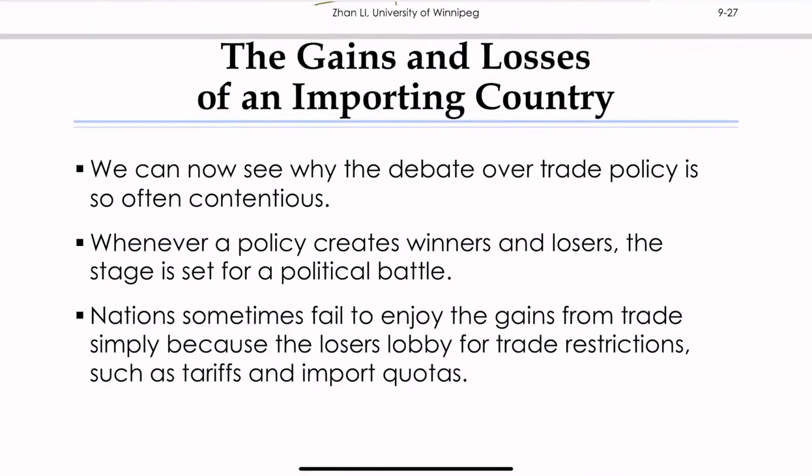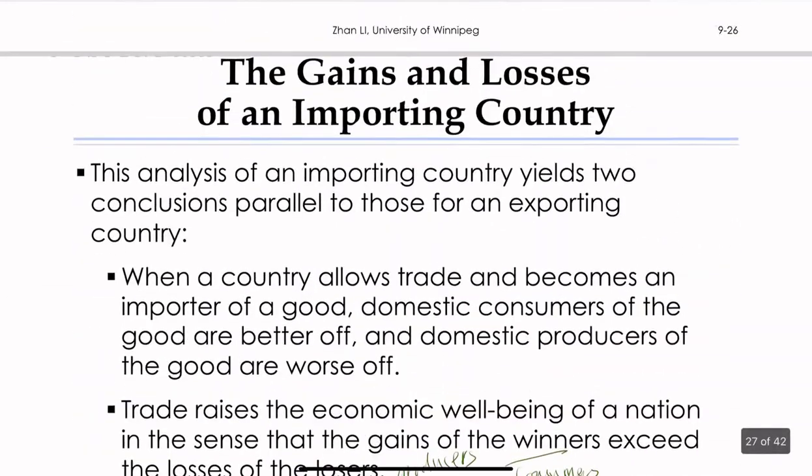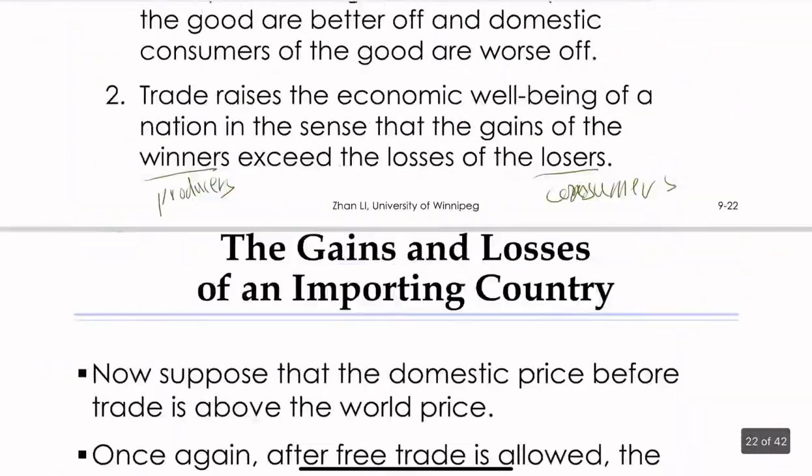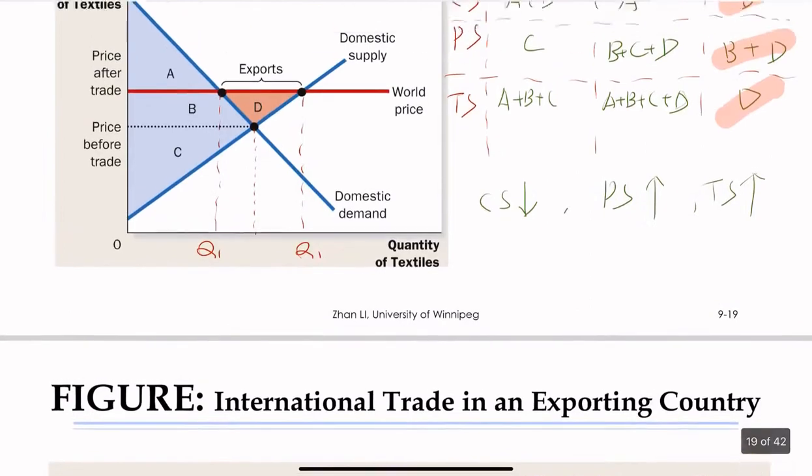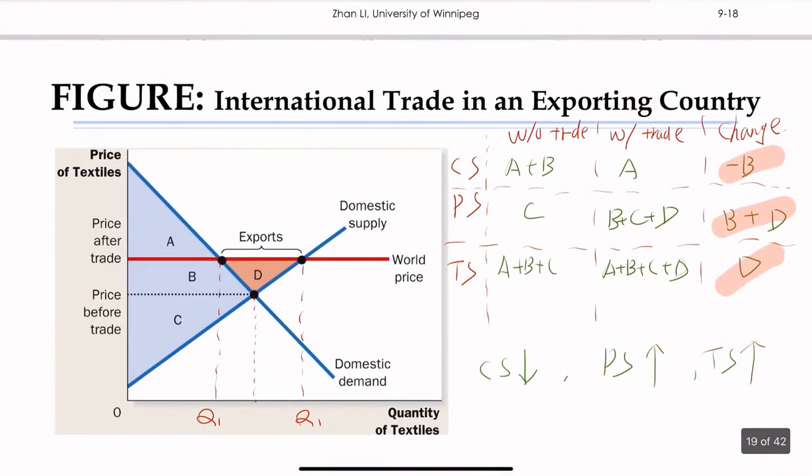Another thing is about explaining why international trade policy is always very contentious, right? So you can see that depending on whether you become an importer or exporter, there will always be winners and losers, right? Think about the first case. In the first case, the country becomes an exporter.